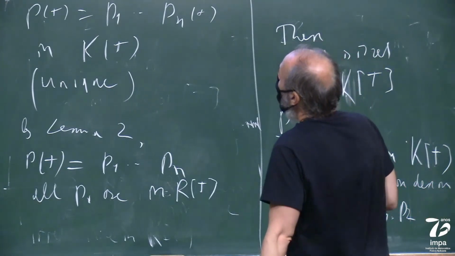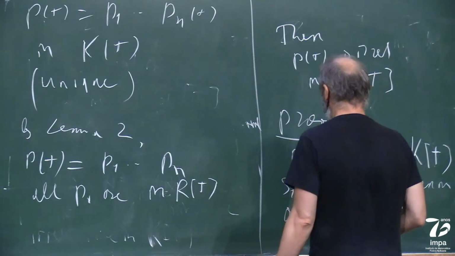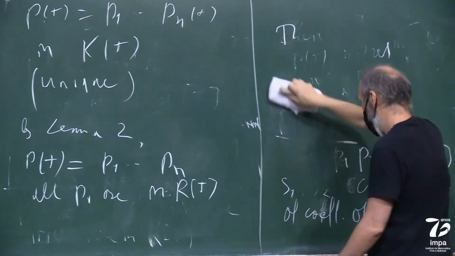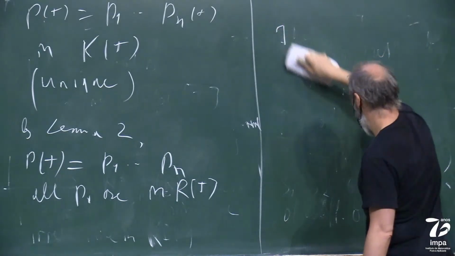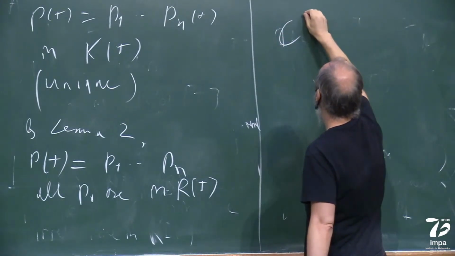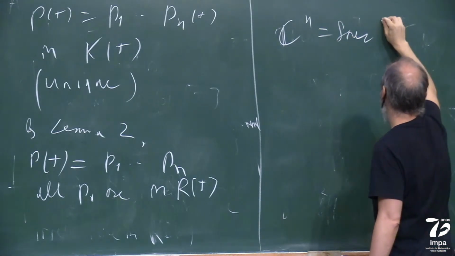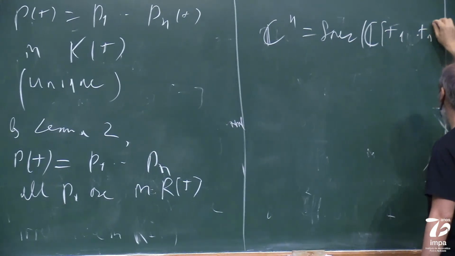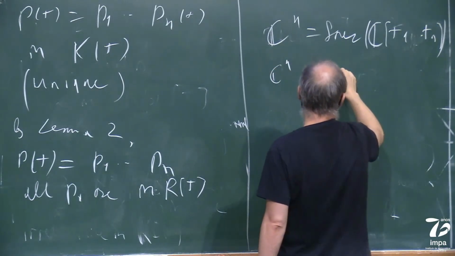Yeah, and then we have some corollaries. The first corollary is that since Cn is the spectrum of polynomials in T1 to Tn, and this is factorial, the Cn is normal.